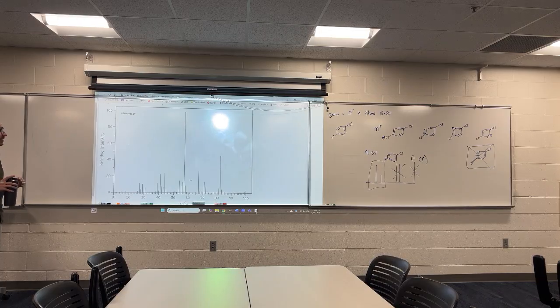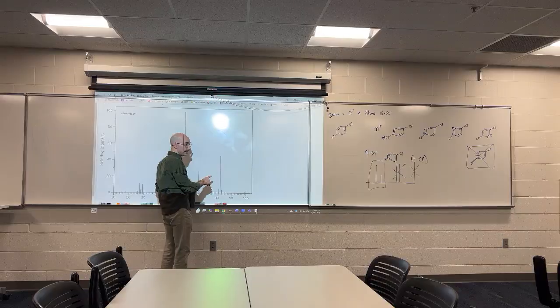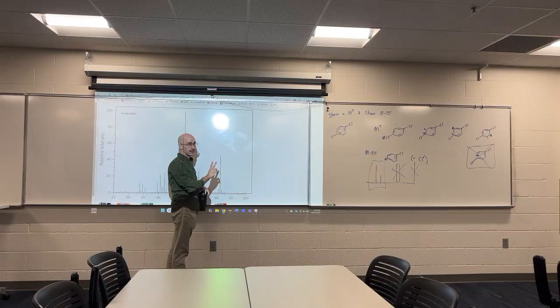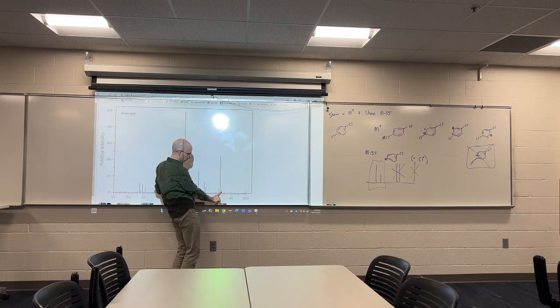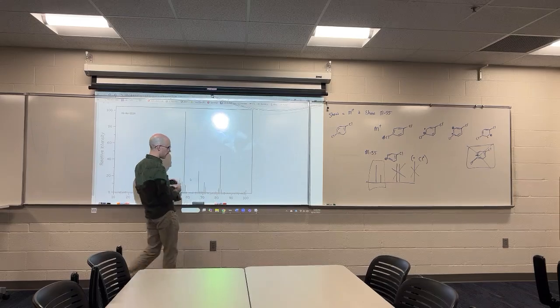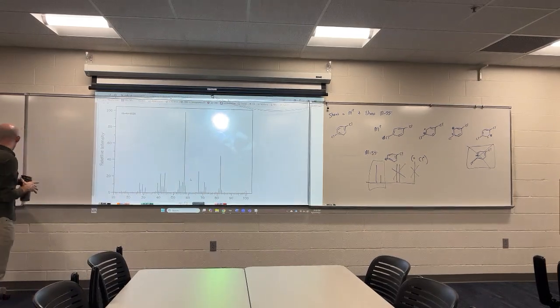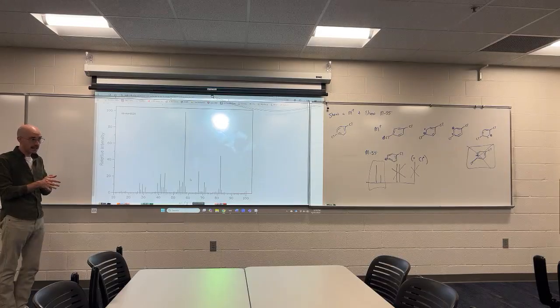I see one. 81. Isotopic cluster for bromine has what shape? 1-to-1. I don't see 1-to-1 peaks. 81, here? Okay, you're saying 81 and 82 or 83? Okay, so bromine weighs 79 and 81.